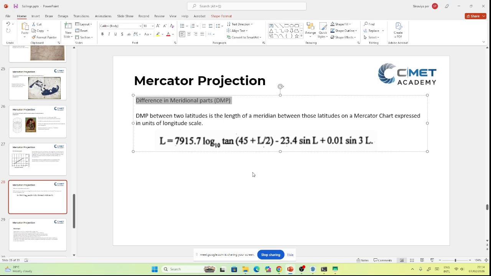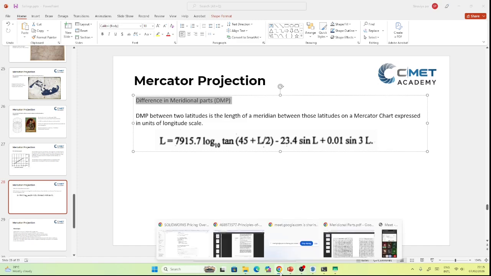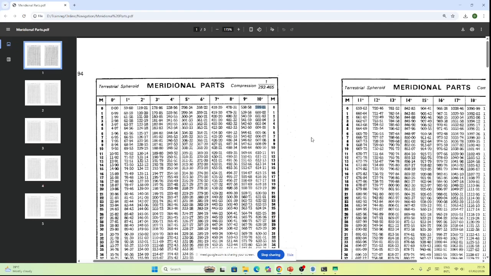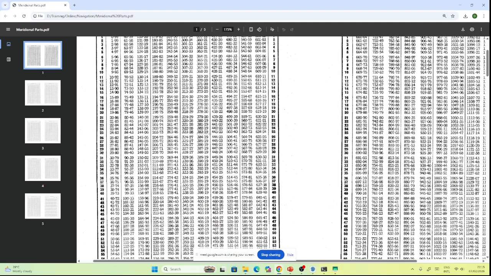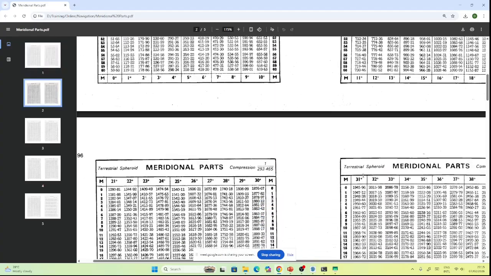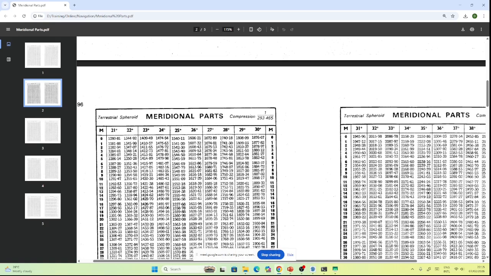Okay, so what we need now is to find the DMP between 28 and 29, the difference of meridional parts of 28 and 29. So let's go back to the meridional parts table. I think I showed you that. Yeah, it's here. So what is 29? The 29 is here. So 28 is, you can see here, let me write down.